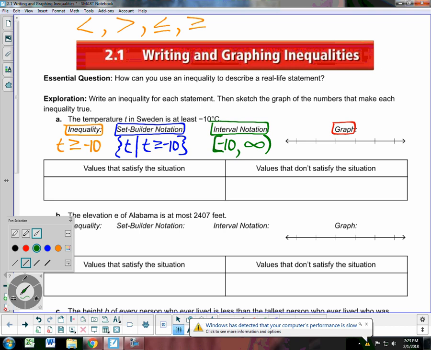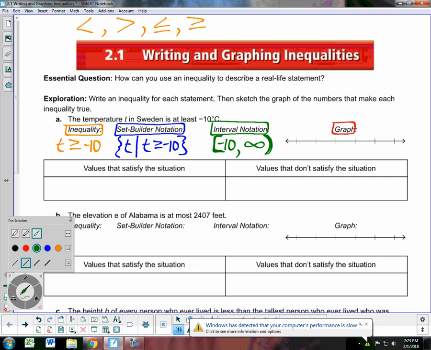A parenthesis is half of a set of parentheses. Parentheses is 2 of them. Anyway, you go parenthesis whenever you have a number that you cannot land on. All right, so how you would read this is from negative 10, including negative 10, all the way up to positive infinity, which goes on forever.